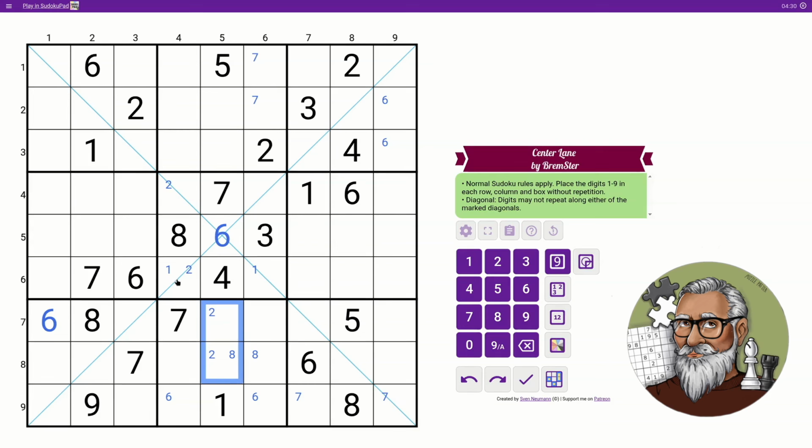Can do the same with 1. One of these ones is going to eliminate 1 from here. Those are eliminated by this one in column number 2, and these are eliminated by this one in row number 4. So one of these is 1. Right. Still not getting very far though.